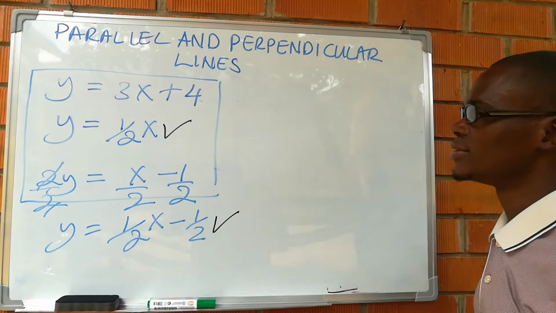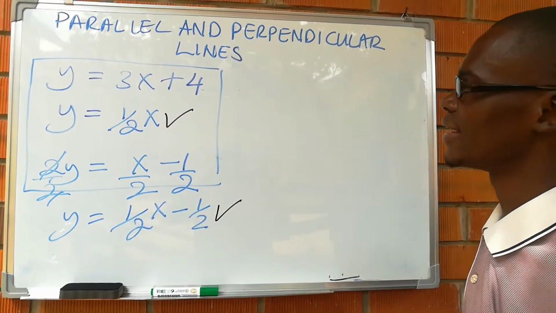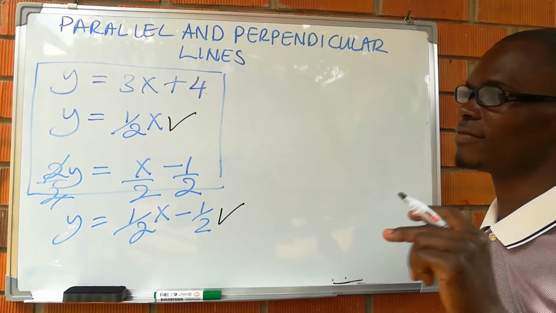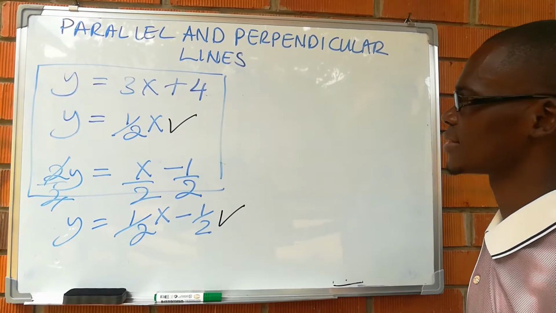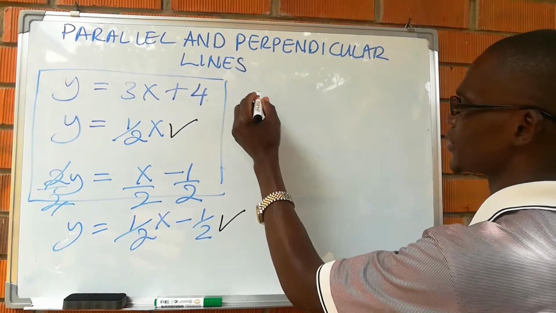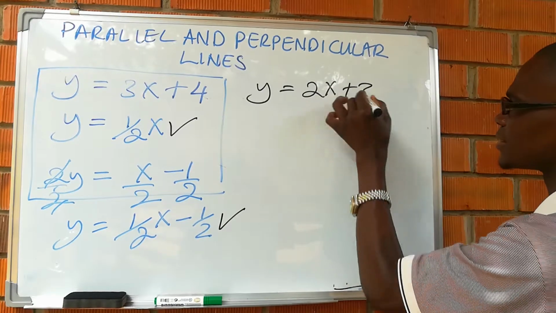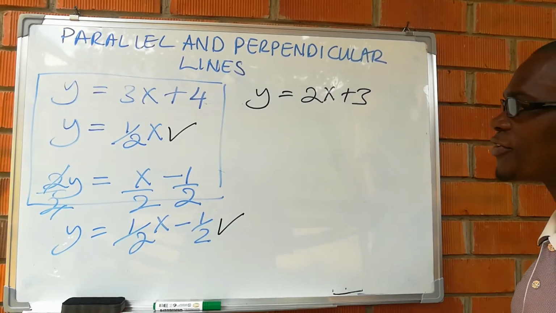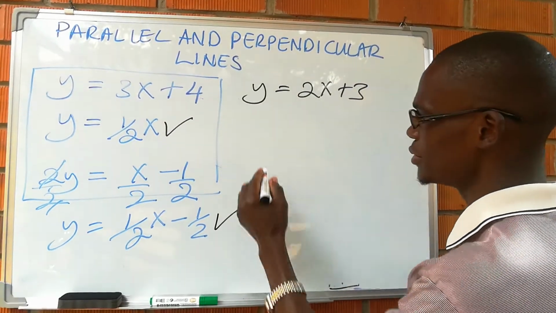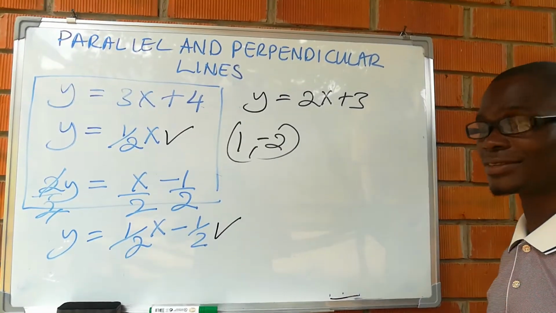Then, once again, for perpendicular lines, the product of the gradients is given by -1. For instance, we might be given one equation, y = 2x + 3, and they ask for the equation of the line that passes through (1, -2) and is perpendicular to this.